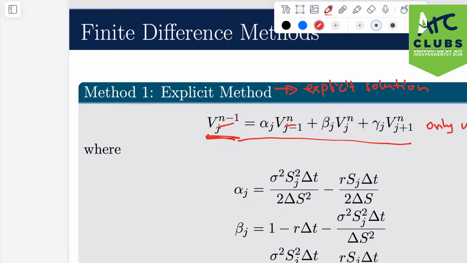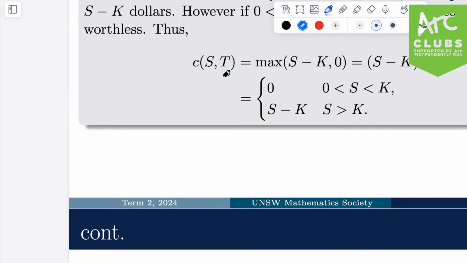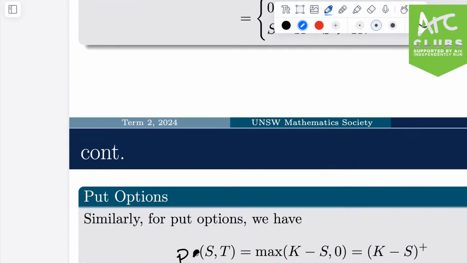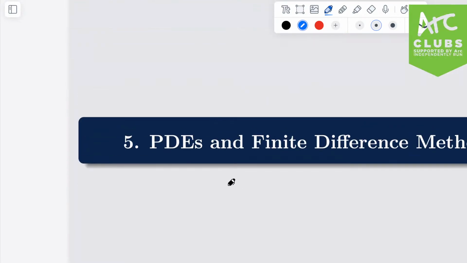The reason is maybe I should talk about the intuition behind the finite difference method first. So again, the intuition is I want to know what will happen when my time is between 0 and capital T, right? So that I can better manage my portfolio.